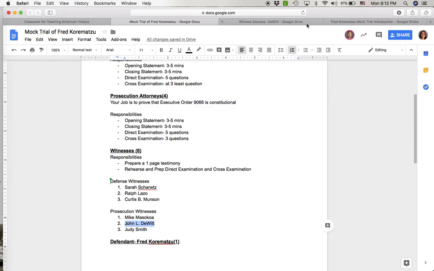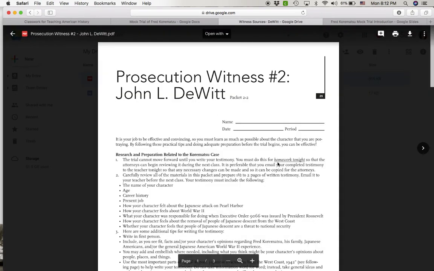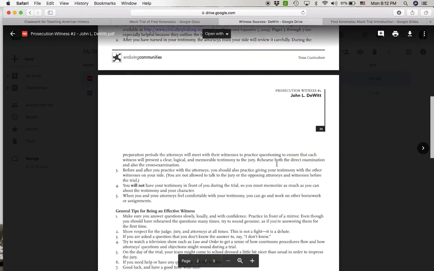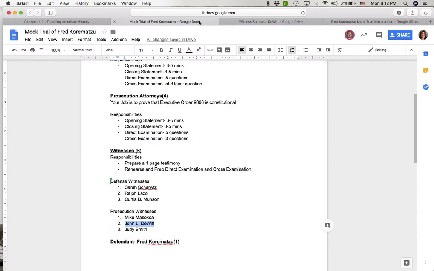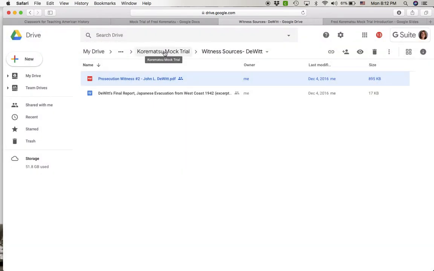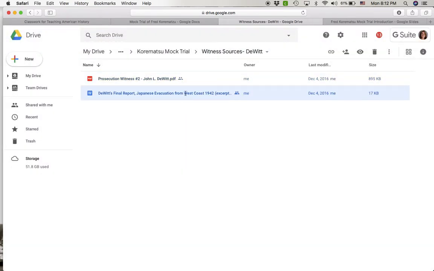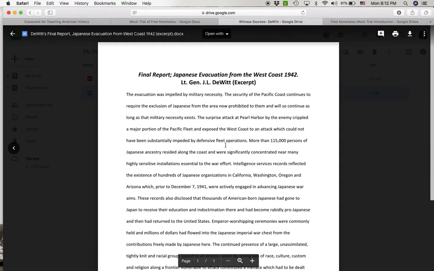For every witness, you will have a little instruction sheet that talks about what you're doing and gives a little background on your person, what their beliefs are. Then, in the same folder, you will have an excerpt of some type of primary source that relates to your person, something else to use within your testimony.